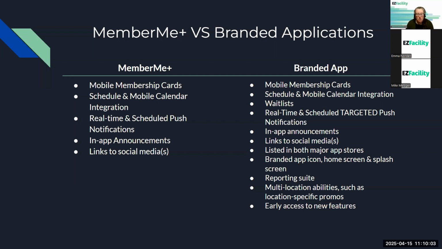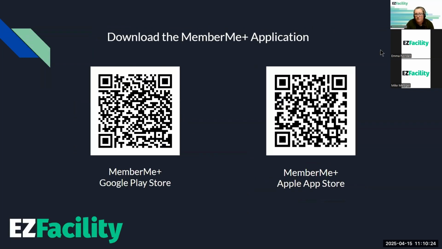Your name will be there, your logo will be there. You'll have a reporting suite. You'll have multi-location abilities in order to have location-specific promotions, and you get early access to new features. So that is how you can tell the difference between the two apps to begin with here.